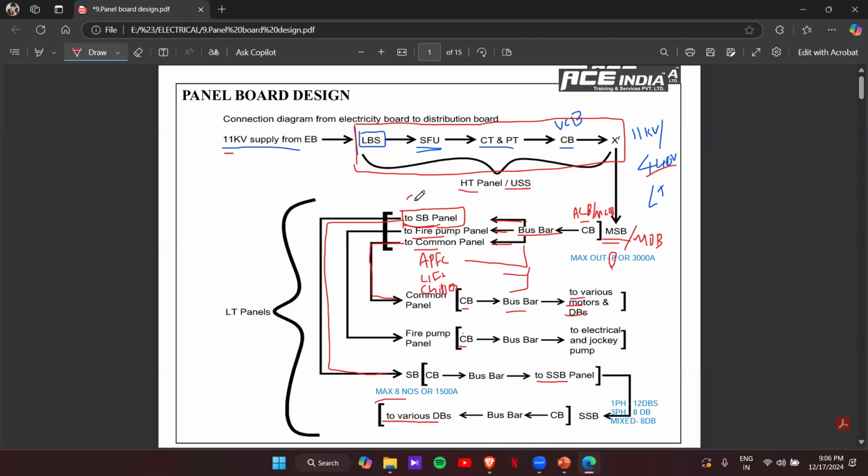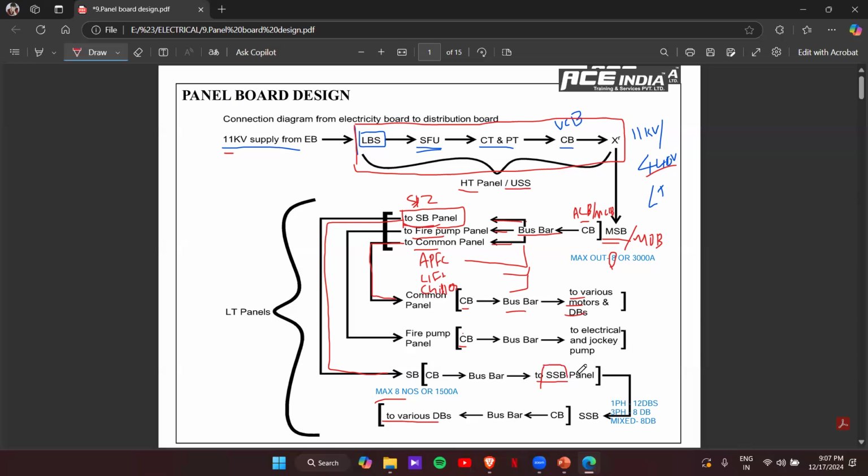If you take one more SB panel, SB2, again you can take 8 more SSBs.